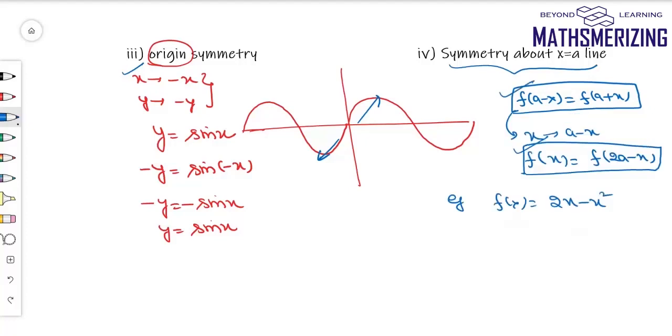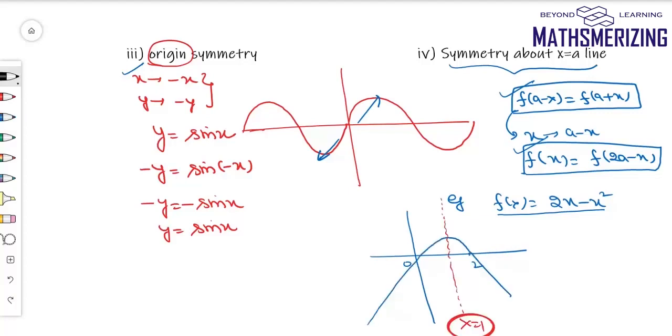Now say for example a function is given as f(x) equals 2x minus x square. So I know it's a quadratic expression opening downwards, with roots at 0 and 2. If I draw this graph, I clearly know that it is symmetric about the x equal to 1 line.